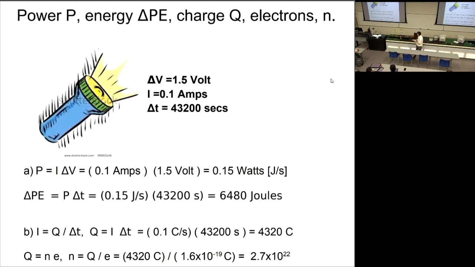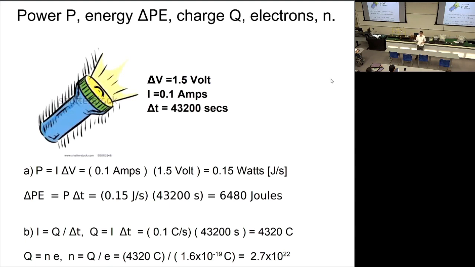All you've got to do is multiply the known current by the known voltage, and that gives you the power, the number of joules per second, or watts, that the battery is supplying. So that battery is supplying 1.5 times 0.1, that's 0.15 watts, 0.15 joules per second.